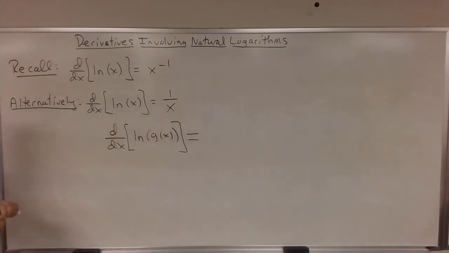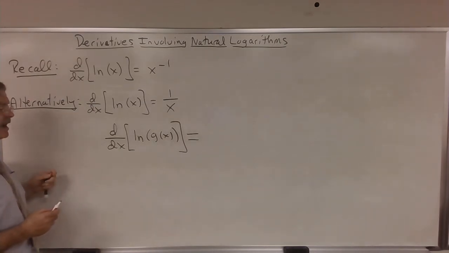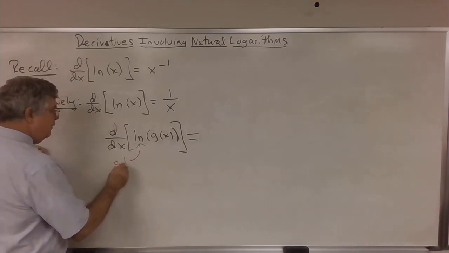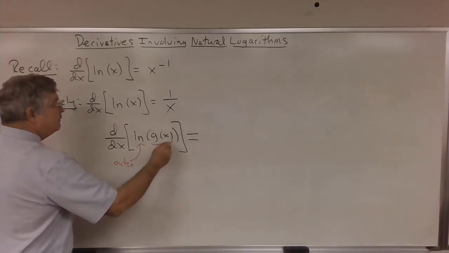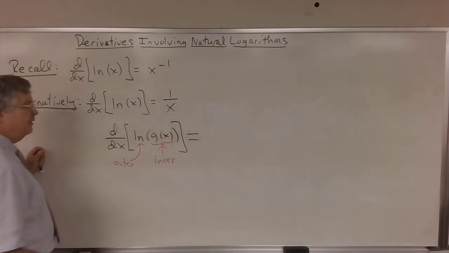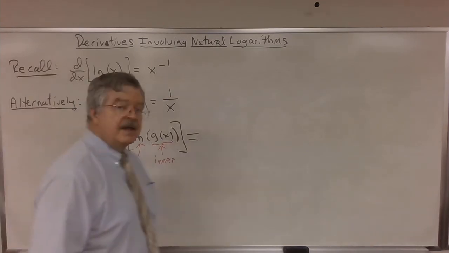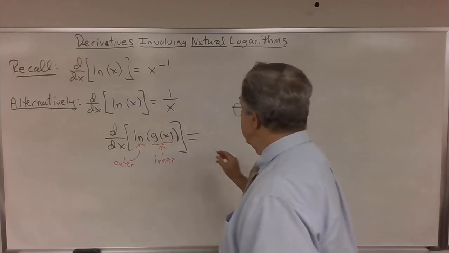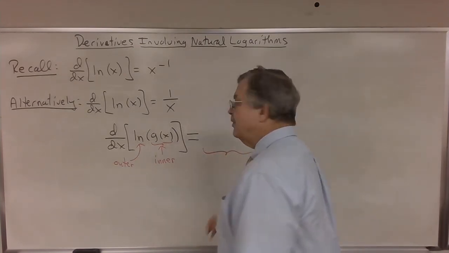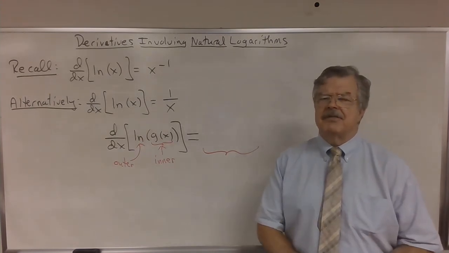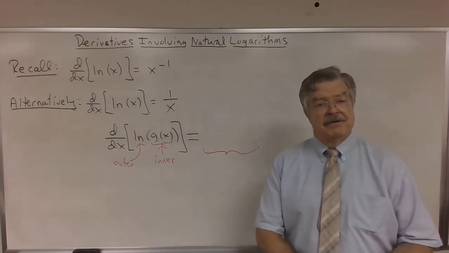Well, suppose we have a compound function. Suppose we have a composite function, the natural log function being the outer function, and just some generic function g of x being the inner function. It's a chain rule exercise. And what we're supposed to get, according to the chain rule, let's see, derivative of the outer, evaluated at the inner, times the derivative of the inner.